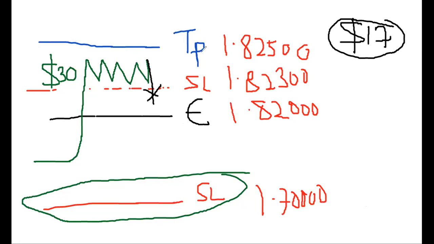So let's proceed. What's swing trading? Swing trading is, let's say I give you a signal, and the signal is Euro USD. For the entry point, I use the buy stop order. The entry point is 1.18200.